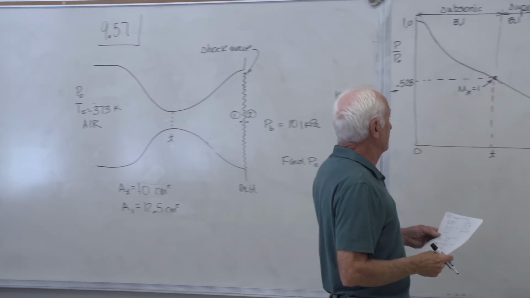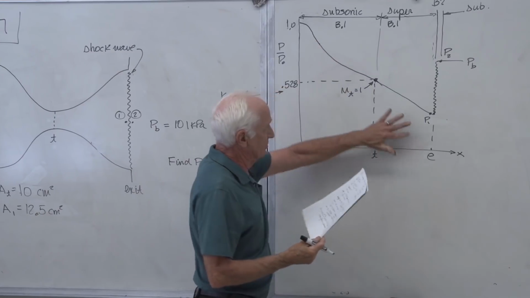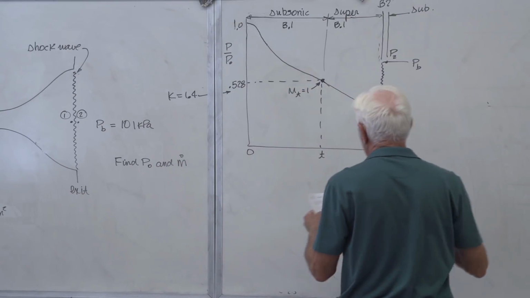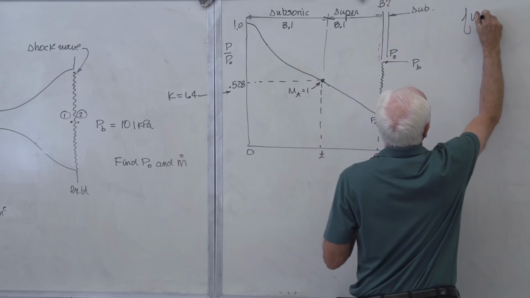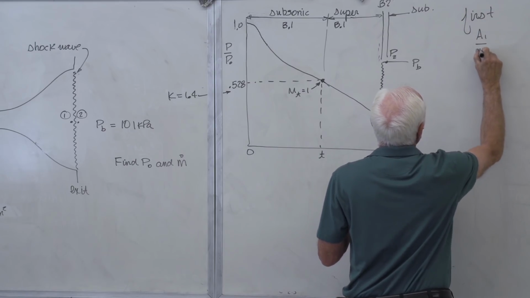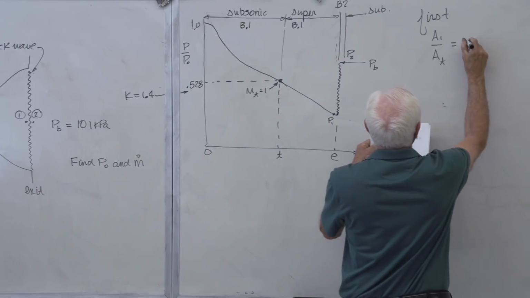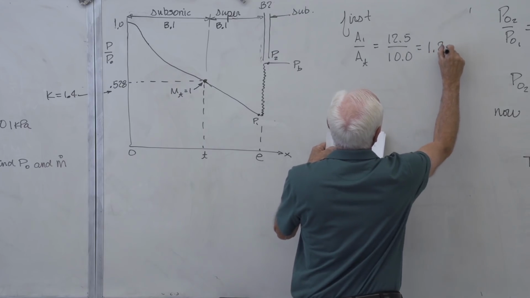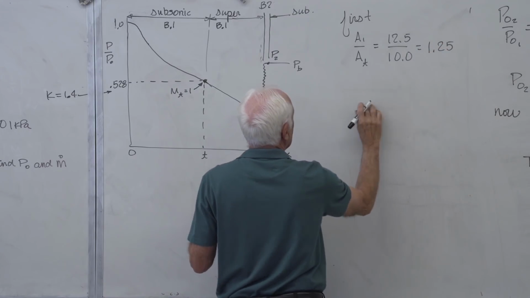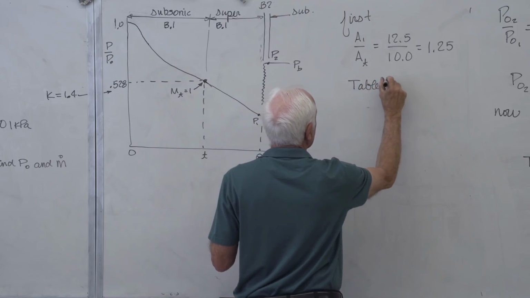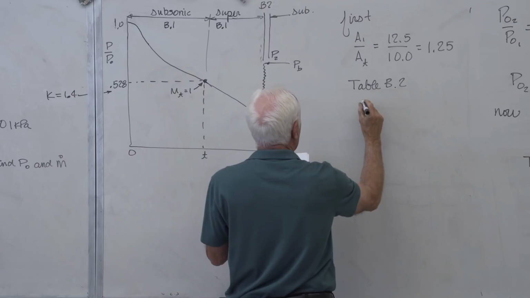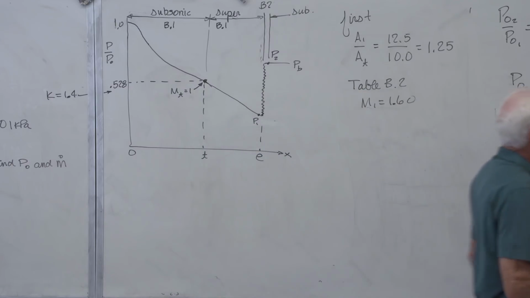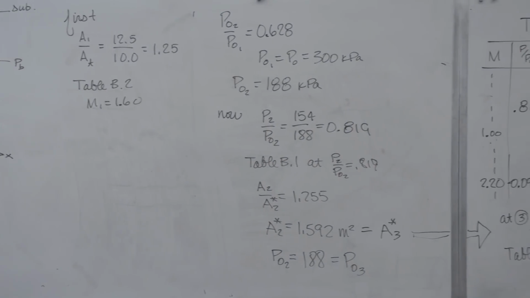All right, we start out and say, okay, now I know this is the picture. So I'm going to take A1, since I know it, and A throat and take the ratio. First, A1 over A throat is equal to 12.5 divided by 10, which is 1.25. Got it. Table B1.